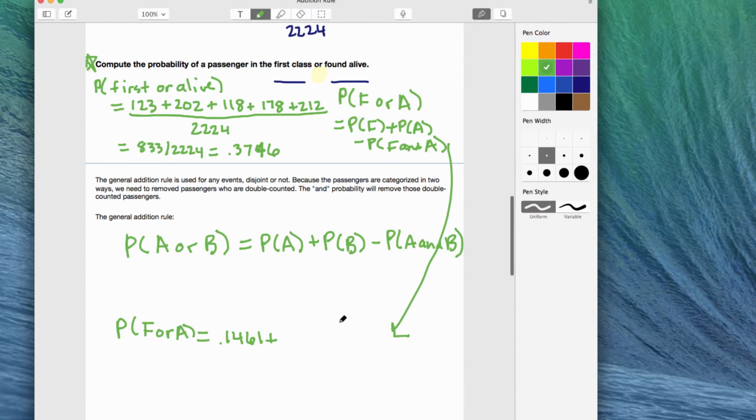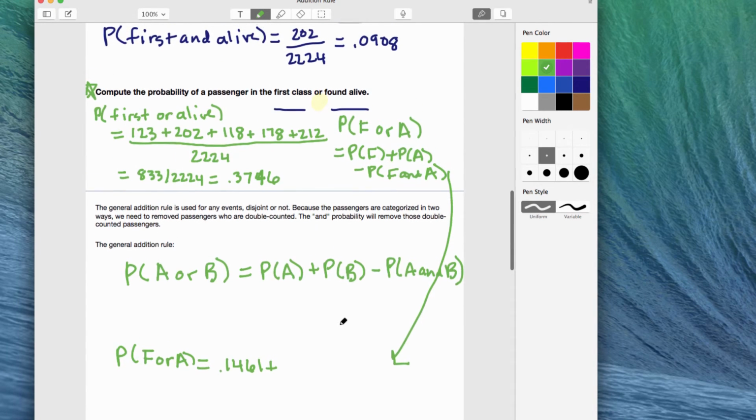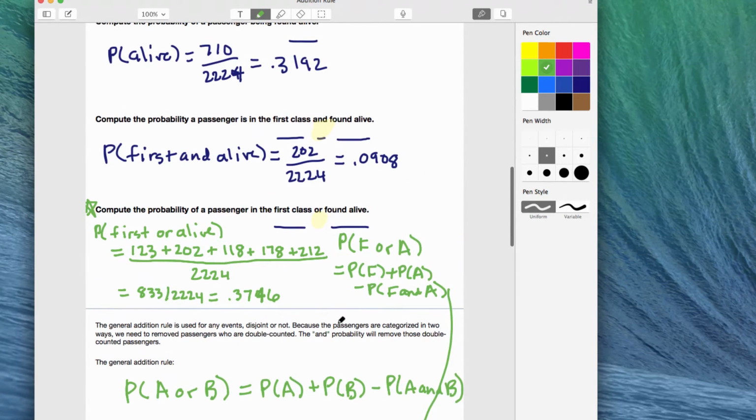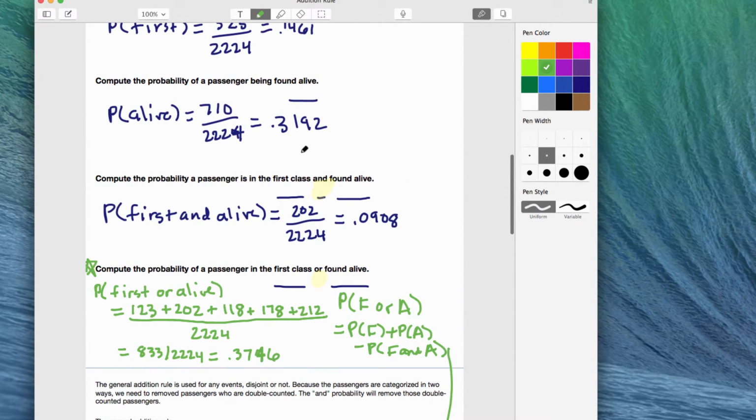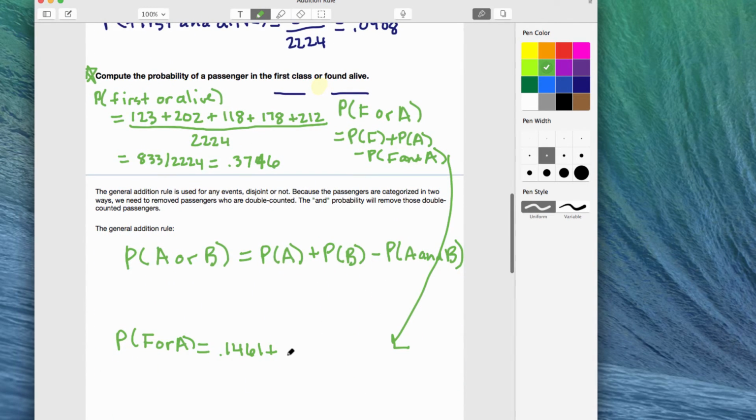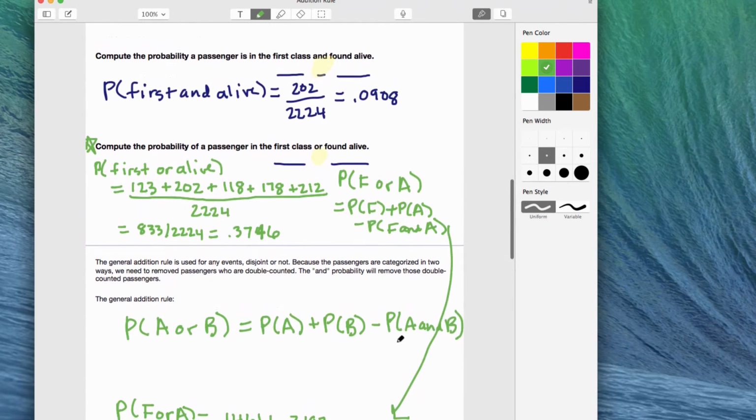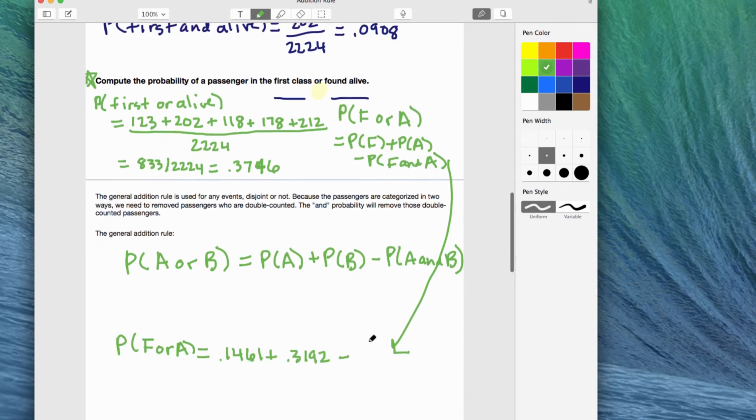And then add the probability that someone was found alive. That was 0.3192. And then subtract the chances that they were in the first class and found alive. That was 0.0908.